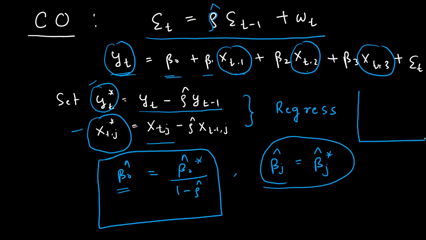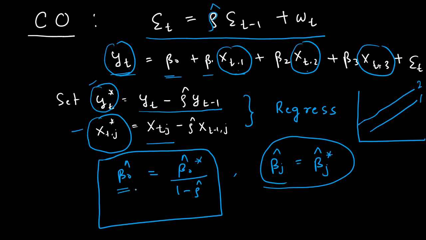When you do a linear transformation, if this is the original regression line and you do a transformation, it probably goes parallel. Okay, this is the transformed one. So it has only changed the intercept, not the slope. The slope has remained the same. So the slope coefficients beta 1, beta 2, beta 3 are exactly the same as what you get from the transformed variables.